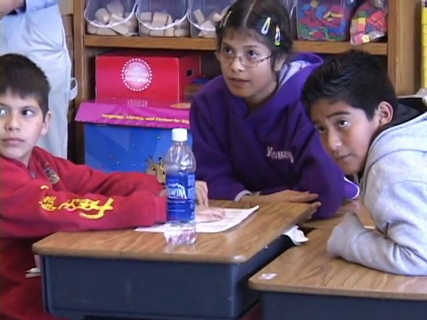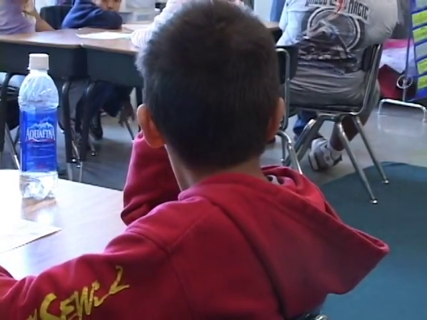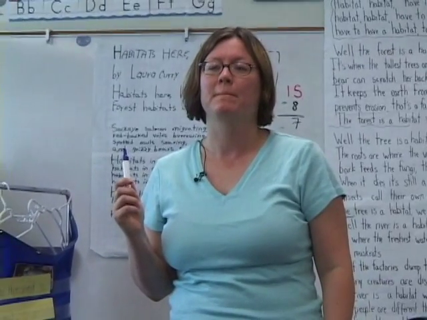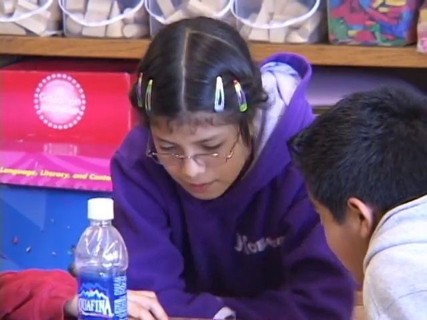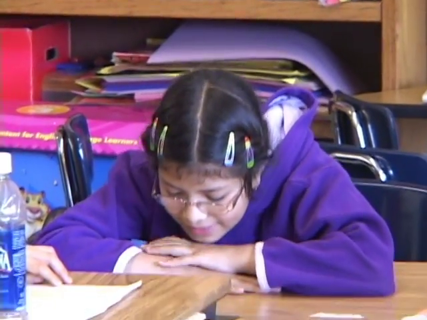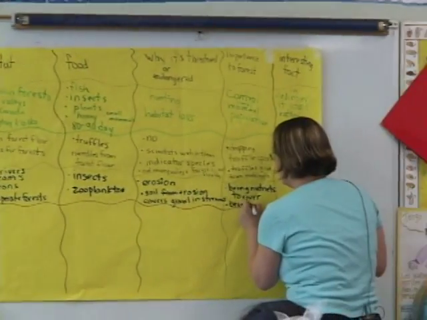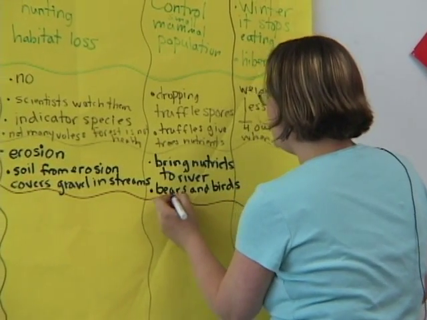Right. Evangelina, do you have it now? What else? Why are the salmon important to the forest? What animals eat the salmon? Bears and large birds of prey. Right. Bears and birds of prey in the forest often eat the salmon, so they're also important. They depend on the salmon as a food source.